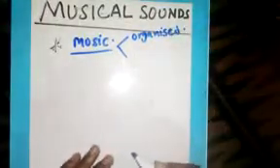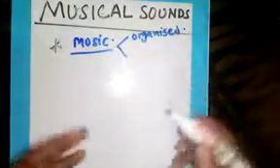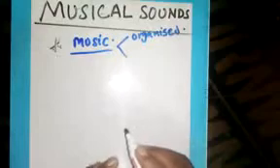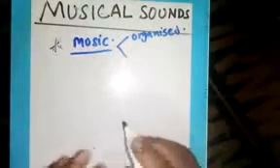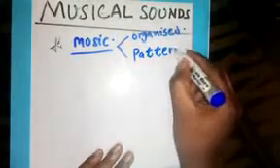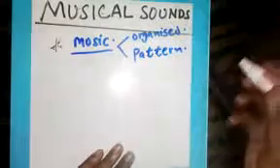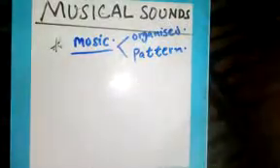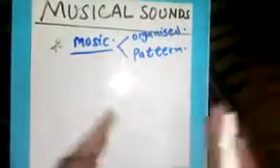If the sound is not organized, that means it is not music, it is something else. But not only must it be organized, the sound must also be in a pattern, in categories.